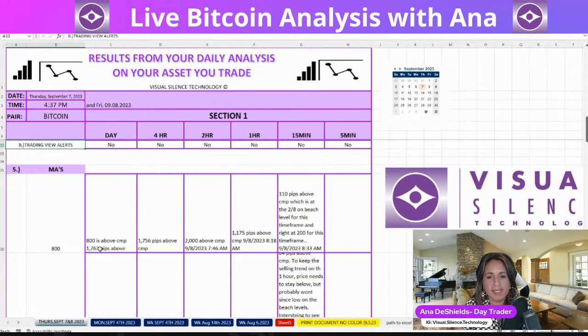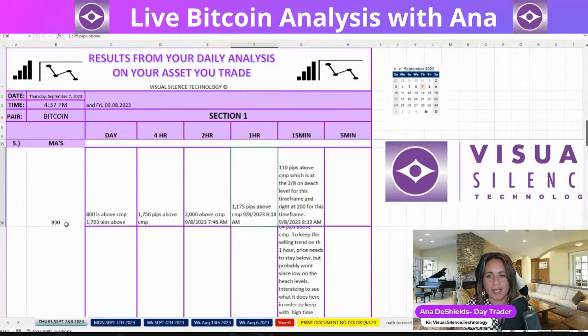So here, the 800 is 1,763 pips above current market price. On the 4-hour, we're at 1,700. And on the 2-hour, the 800 is 2,000 pips above current market price. And then 1 hour. Obviously the 800 is the average of the last 800 candles on that time frame. So this does come into play with my trades, and I like to use it and be able to see when it's approaching. So that's why I track that data.